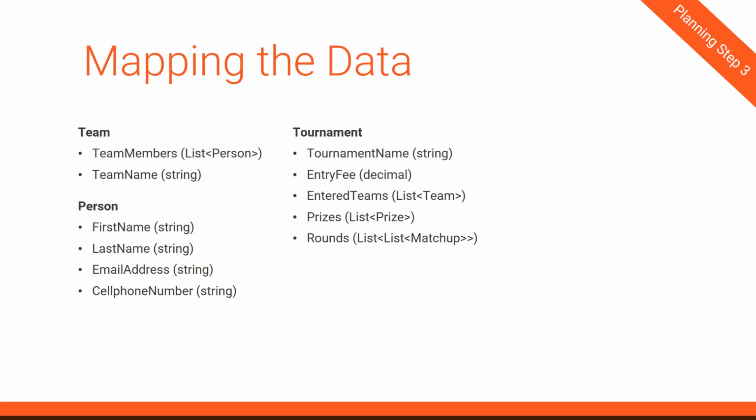For example, in SQL, which is where we want to store our data, typically what you do is you have a unique identifier for every row in a table. Well, probably team will be a table, and person will be a table, and tournament will be a table. And so each of these will probably have a unique identifier. Now, there are certain things that we call natural keys we could use for identifiers.